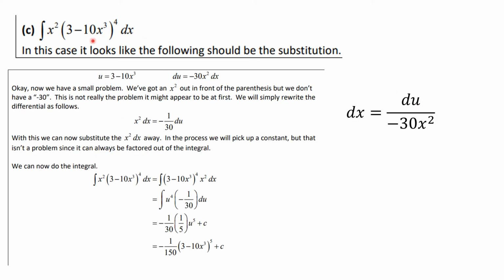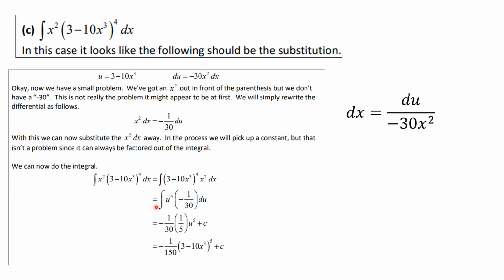Here's another problem for us to do. Let's try this. u = 3 − 10x³. That means that du = −30x² dx, and that means that dx = du/(−30x²). If I substitute this in for dx, you see the x² cancels, magic happens, and I have u to the fourth.